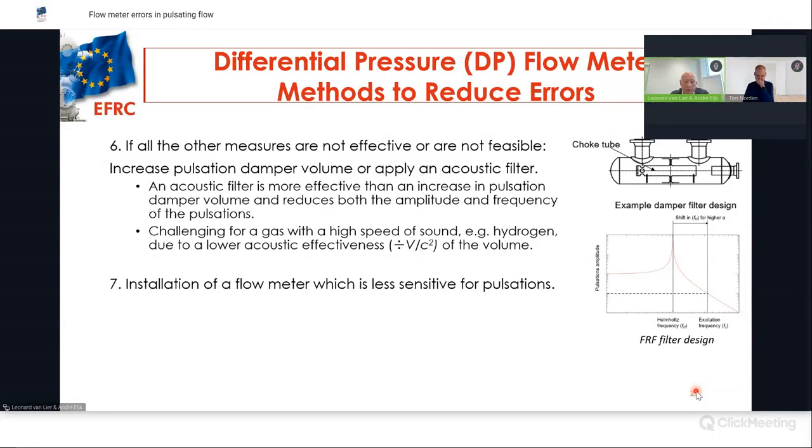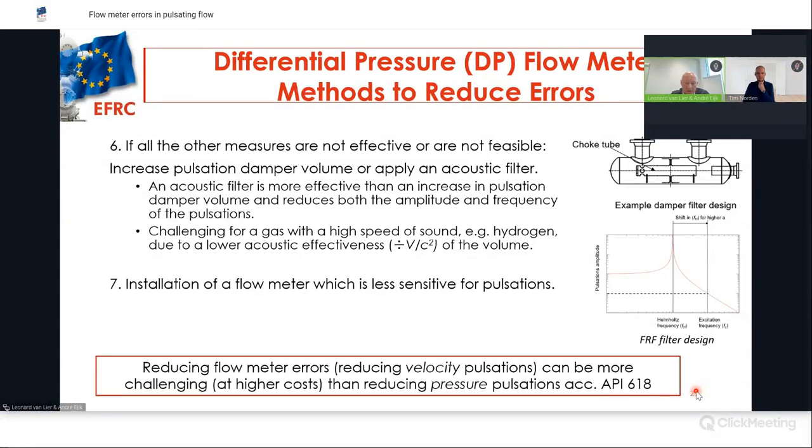And of course, you can install a flow meter which is less sensitive to pulsations, and later on I will show you an example of that. Reducing flow meter pulsations, that means reducing velocity pulsations, can be much more challenging and also in general at much higher cost than reducing the pressure pulsations according to the API 618.